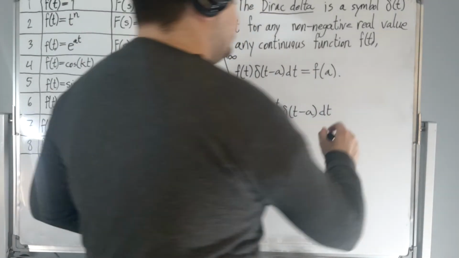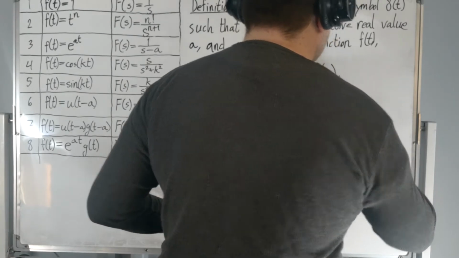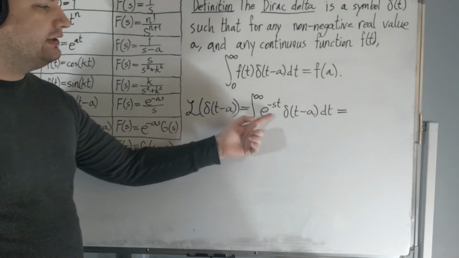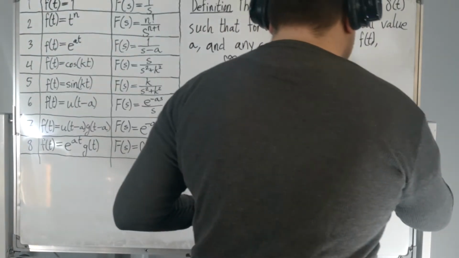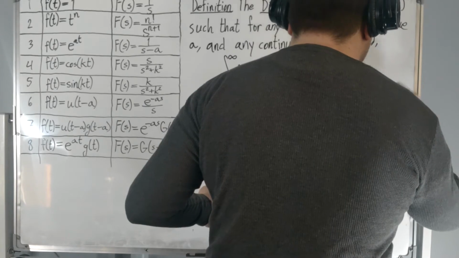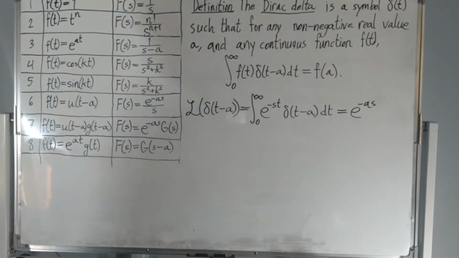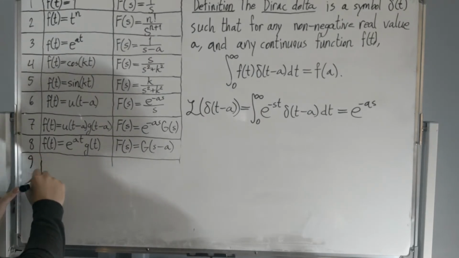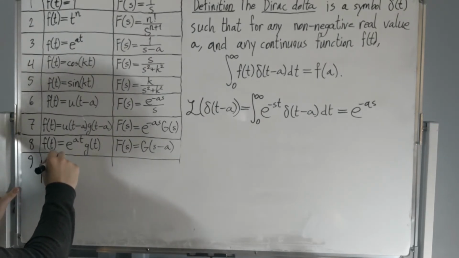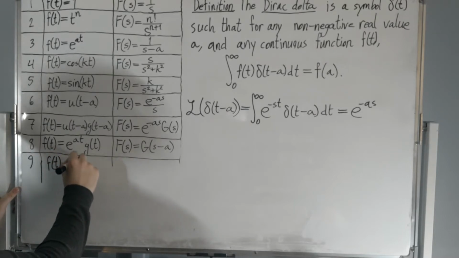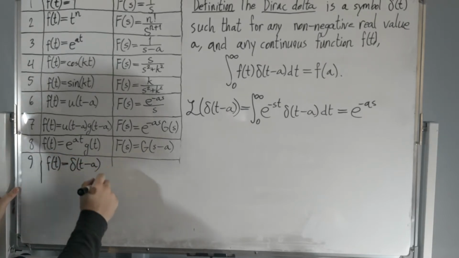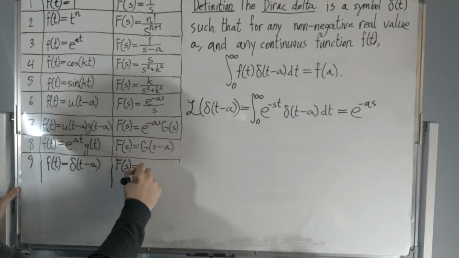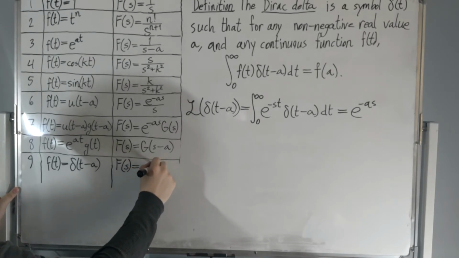And that is just, according to the sifting property, going to be e to the negative as. And that puts rule 9 on our table: f of t equals delta of t minus a, the Laplace transform is e to the negative as.